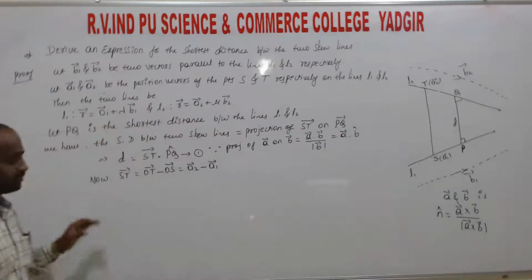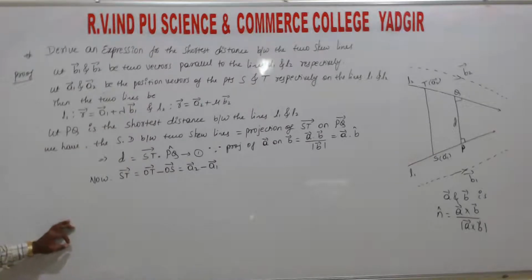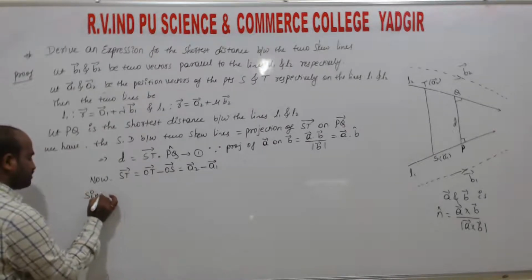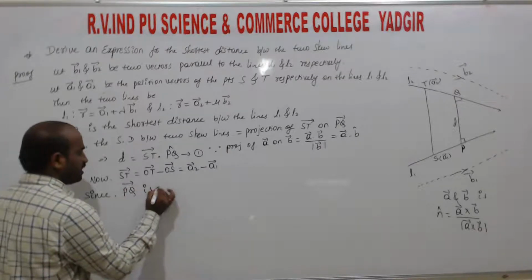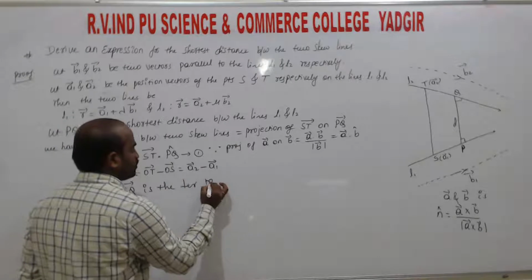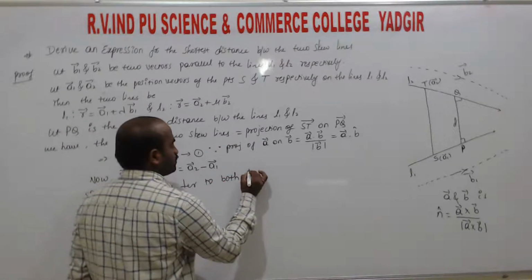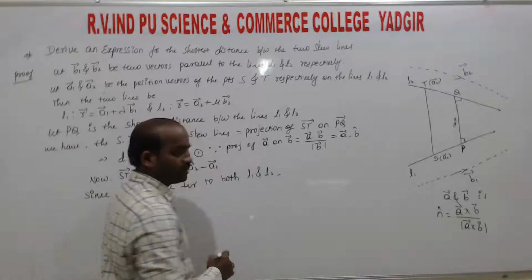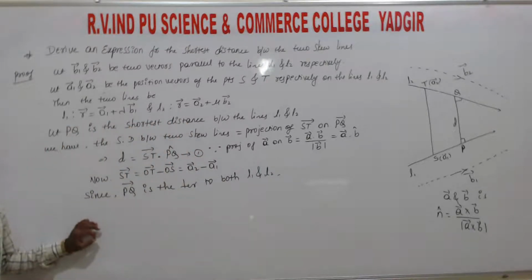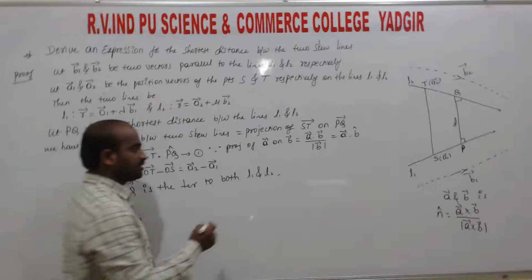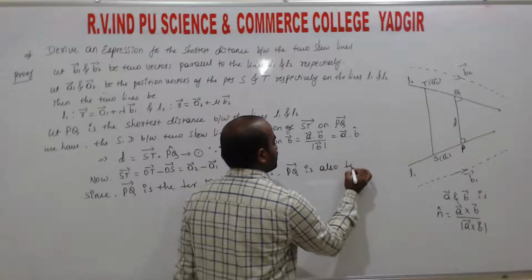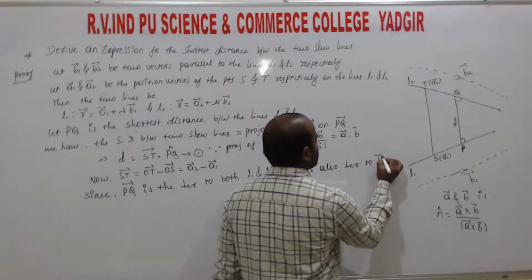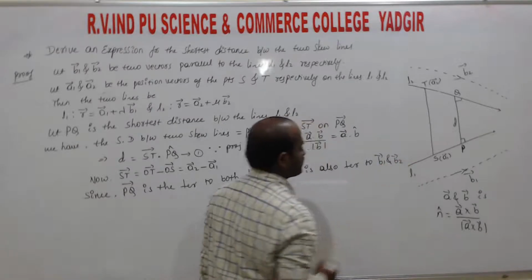Next, we have to find PQ. PQ vector is perpendicular to both L1 and L2, and also perpendicular to B1 vector and B2 vector.